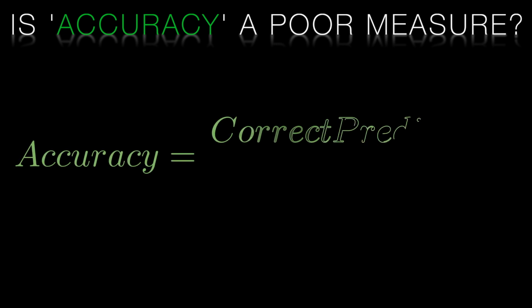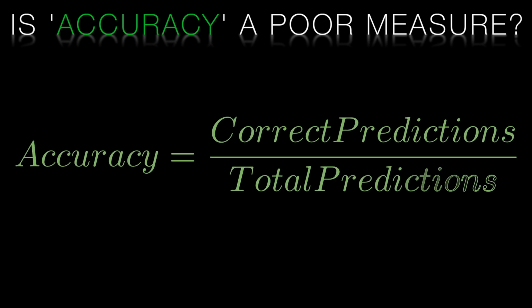This seemingly benign and innocent equation at first glance might seem harmless and useful. The number of correct predictions divided by the total number of predictions. Accuracy has the advantage that it's very easy to define. This seems simple and neat. What could be wrong with this? As we will see, quite a lot.